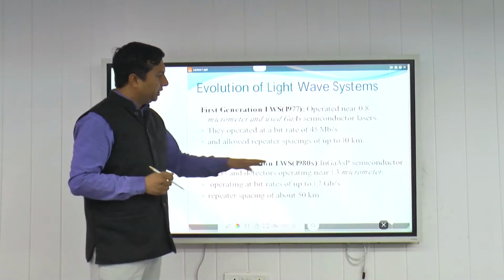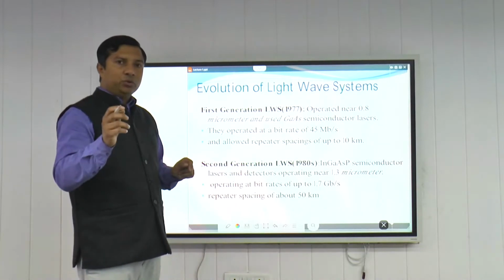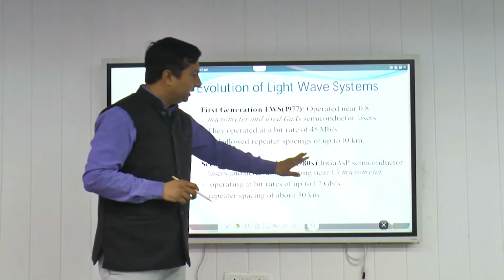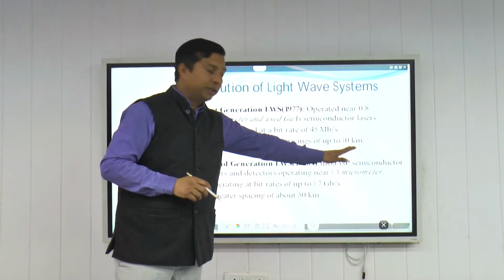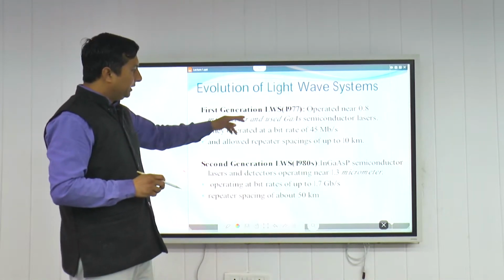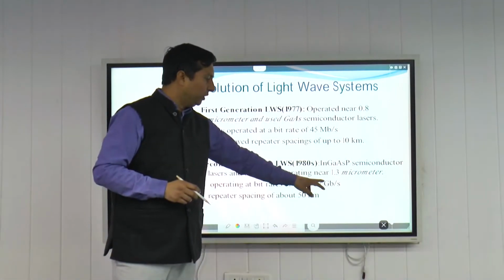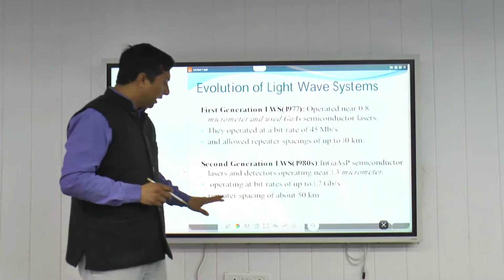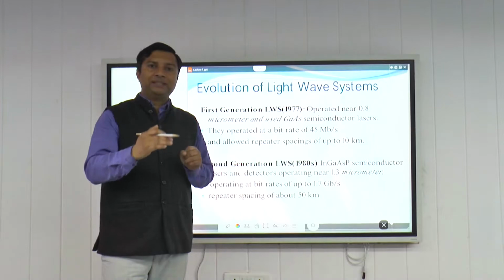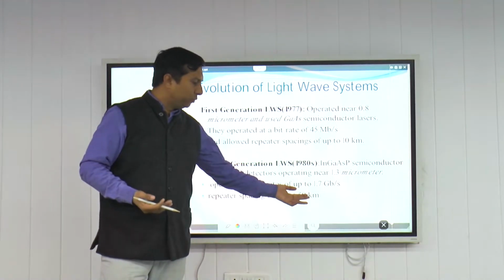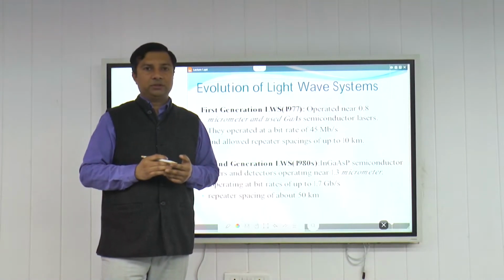Then second generation in 1980s, it uses a different kind of laser, that is indium gallium arsenide phosphide semiconductor laser. In that, your bit rate was higher than the first generation, which is 1.7 gigabits per second. And now repeater spacing was also large, that is up to 50 kilometers.